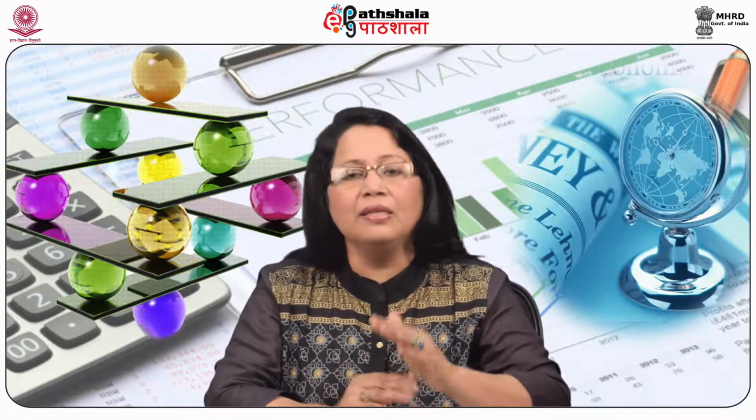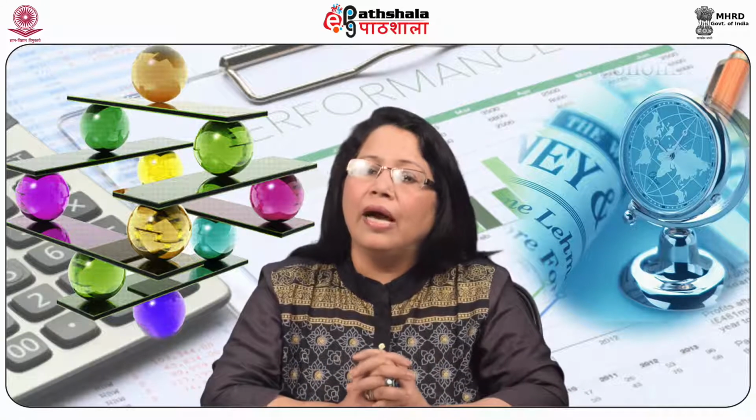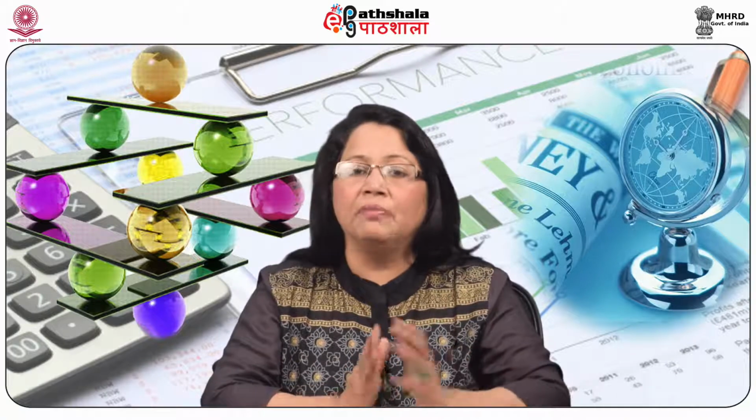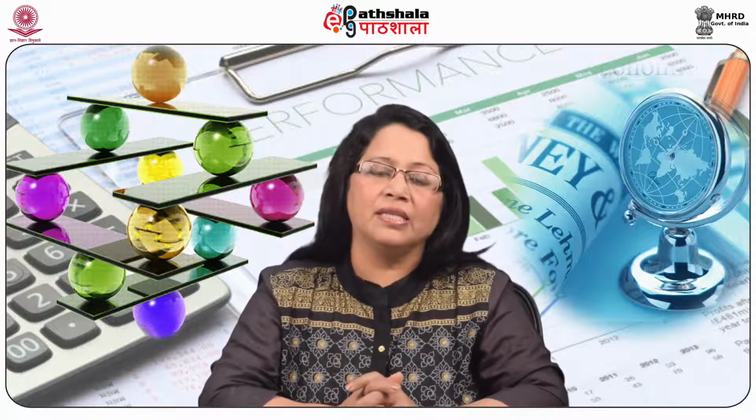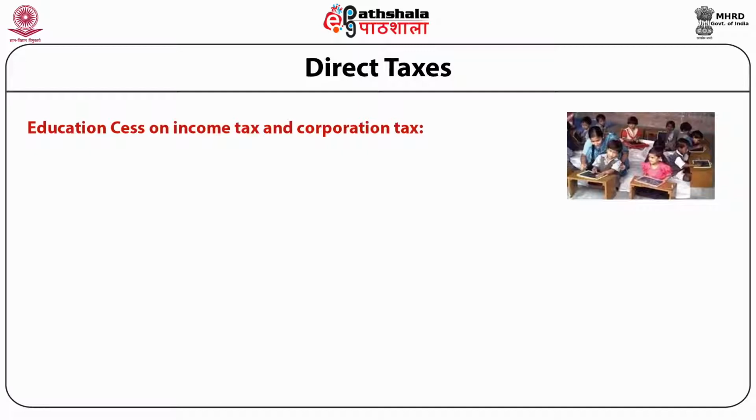In addition to tax, a surcharge is levied if income is above rupees 1 crore. Education cess of 3% is levied on the sum of income tax and surcharge irrespective of the level of net income. Education cess on income tax and corporation tax.